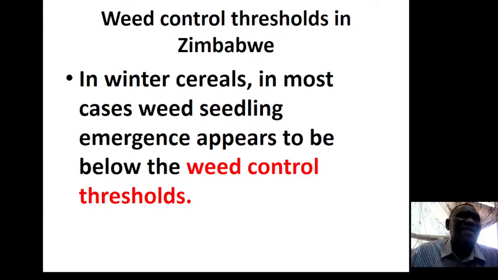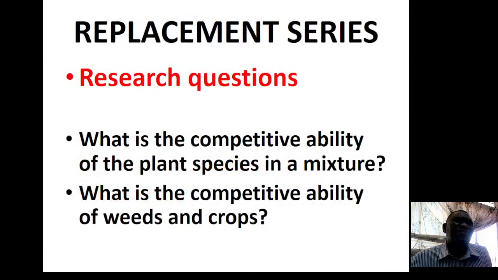Now, in winter cereals, in most cases, weed seedling emergence appears to be below weed control thresholds. Probably it's because of frost. Now we move on to the second important experiment, the replacement series.